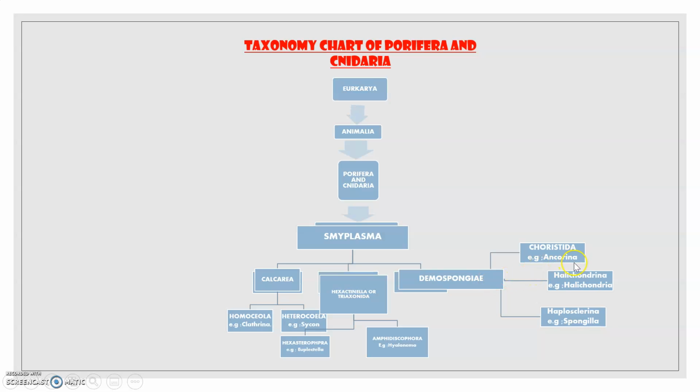The first is Choristida, and the example of it is Anchorina. The second order is Halichondrina, and the example of it is Halichondria. The third and last order is Haplosclerina, and the example of Haplosclerina is Spongilla. So we go to the next one.